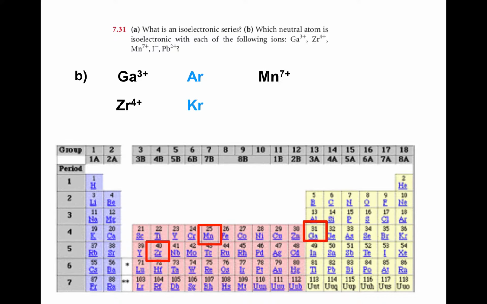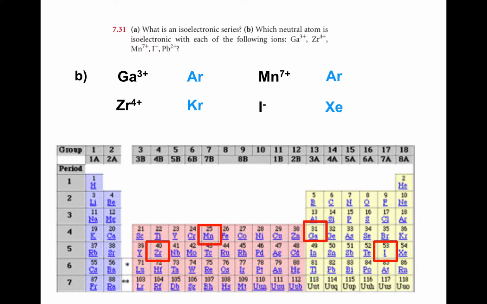If you're looking at manganese 7+, you're losing 1, 2, 3, 4, 5 electrons out of the 3d and 2 electrons out of the 4s to give you an argon configuration. And iodide, you'd be gaining an electron and have a, darn it, I forgot it. What is it? Krypton, xenon electron configuration.